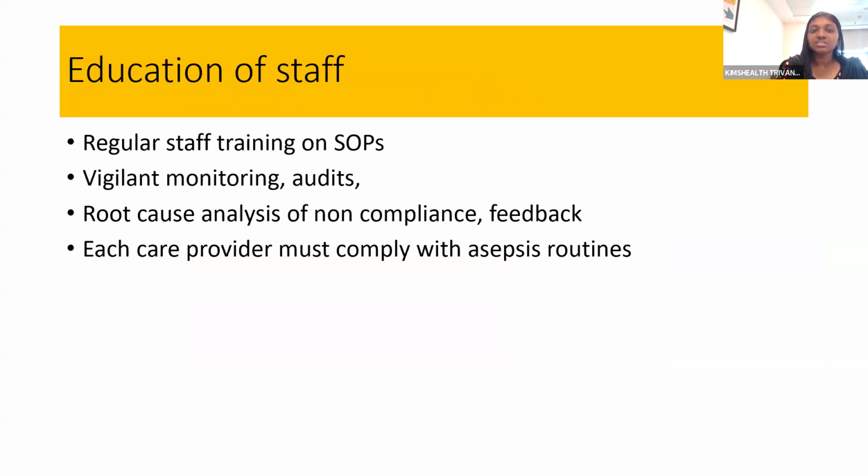First is the education and privileging of staff. This is very important for prevention of infection in NICU. This includes regular staff training on standard operating procedures, supervising procedures, hands-on training, and training through videos. All these can help to train healthcare staff.